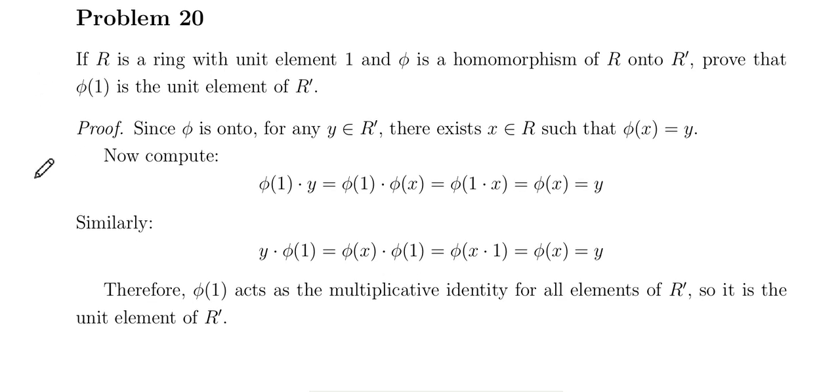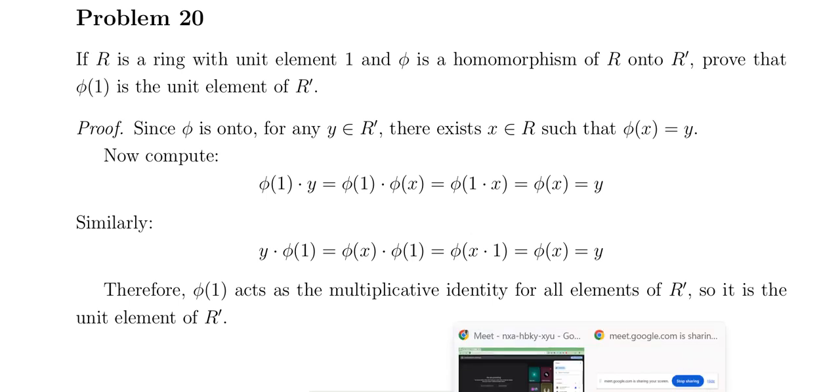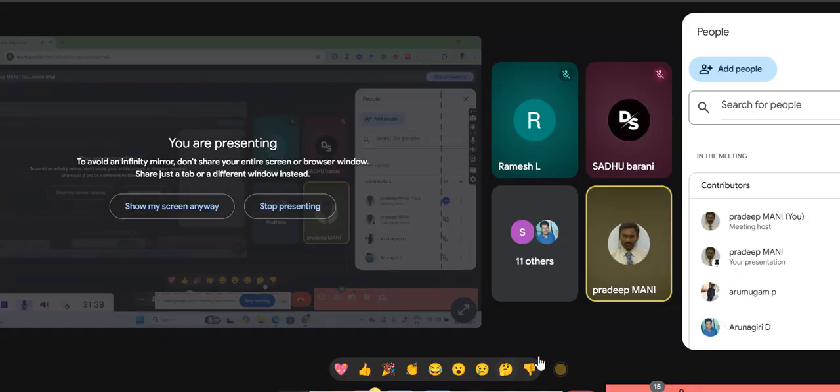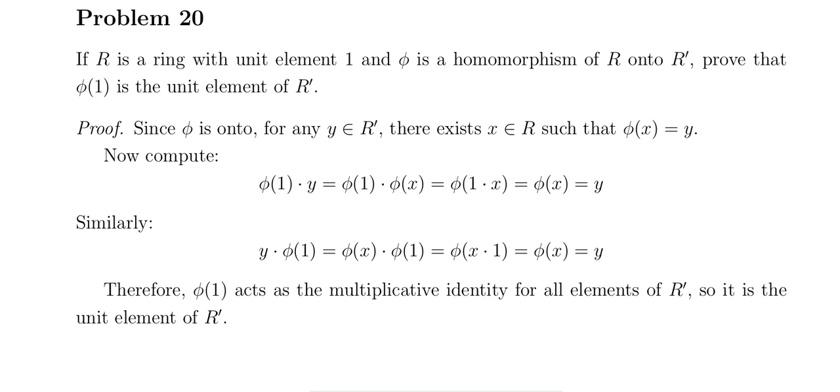Let R be a ring with unit element, and pi a homomorphism. So R be a ring with unit element 1 and pi is a homomorphism of R into R dash. Then pi of 1 is the unit element.